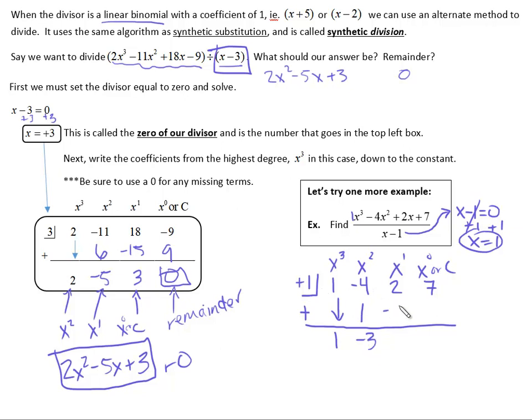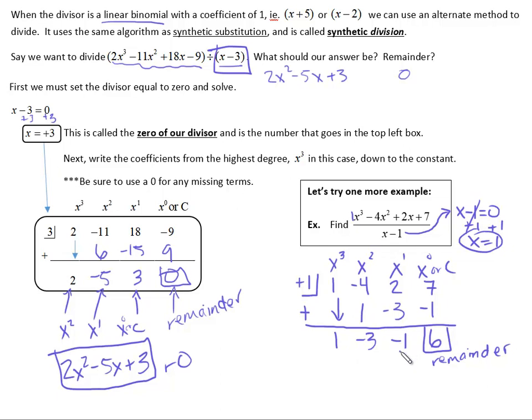Negative 3 times 1 is negative 3. When I add, we get negative 1. Negative 1 times 1 is negative 1. When we add, we get 6. And so this 6 is my remainder. So that tells me it did not divide nicely. X minus 1 is not a factor, but we can still write our answer.